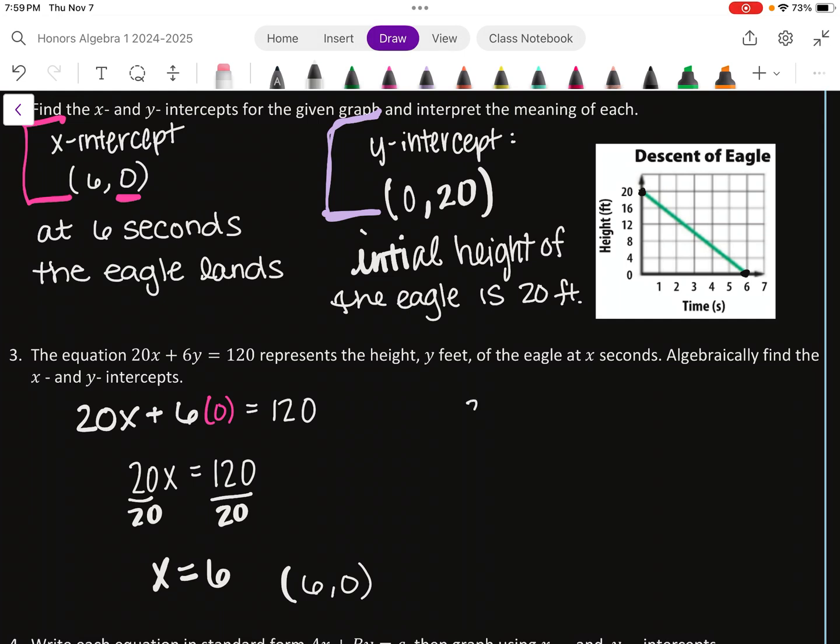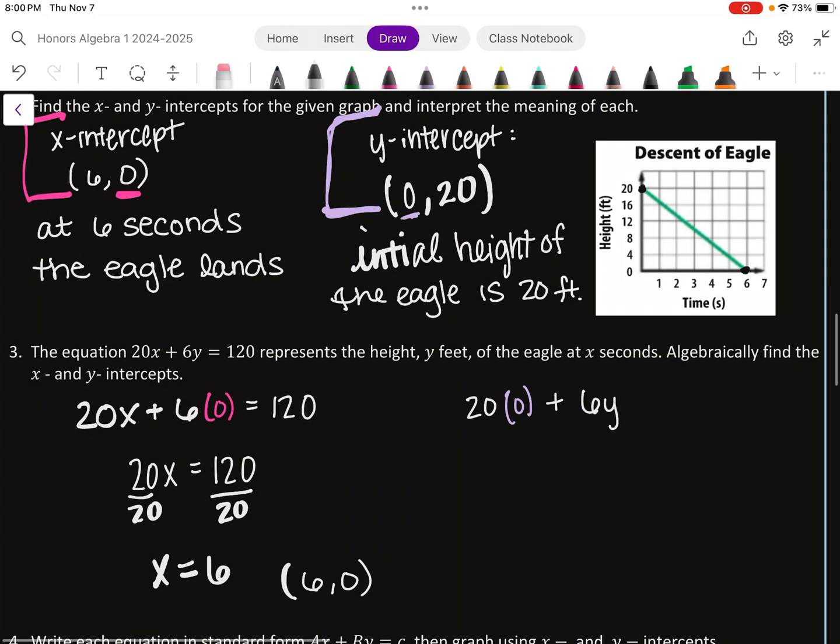Furthermore, we could do 20 times 0, because the x is 0 for the y-intercept, plus 6y is equal to 120. So again, the 20 times 0 goes away. I'm left with 6y equals 120.